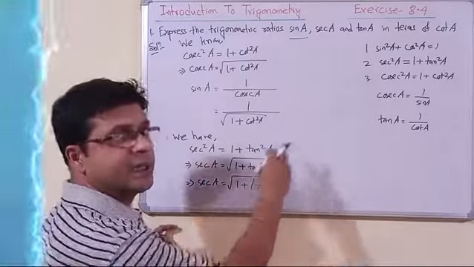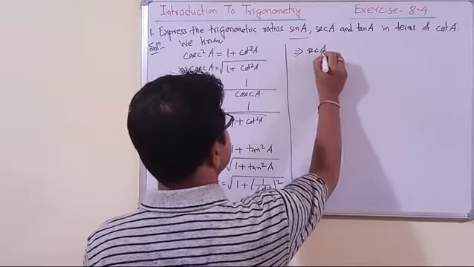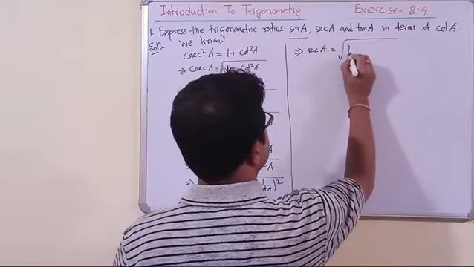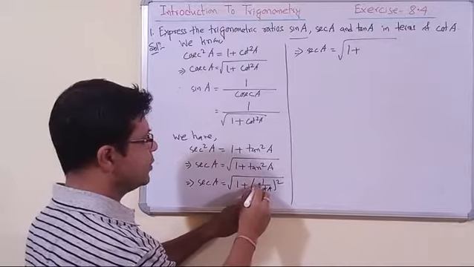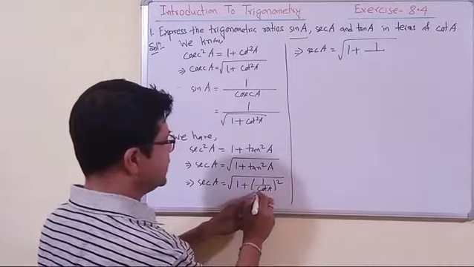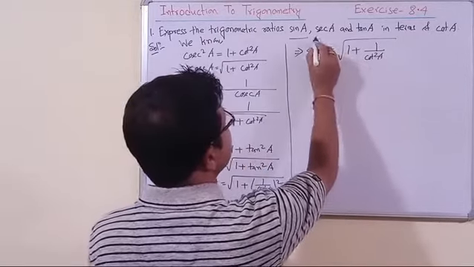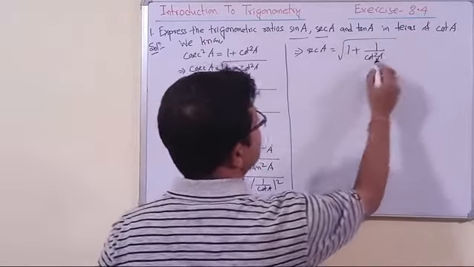Then the remaining part: sec A is equal to the square root of 1 plus, square of 1 is 1, and it is cot square A. So we have converted sec A in terms of cot A.